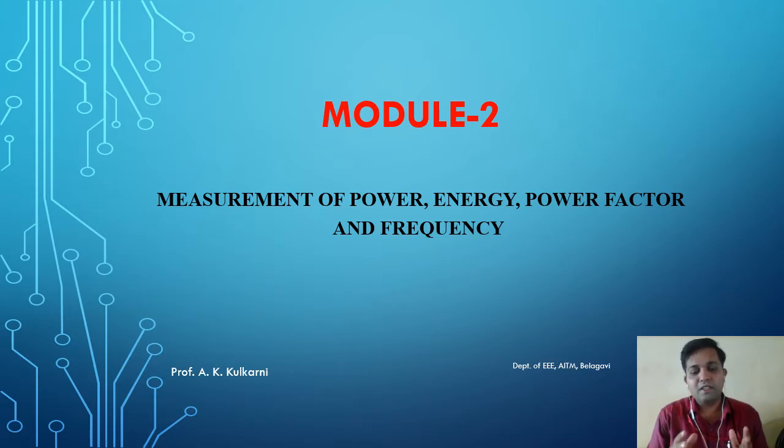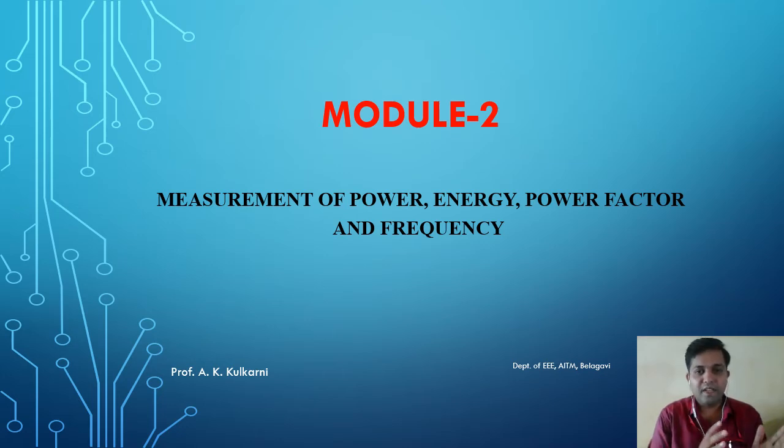As we already studied in our previous semester, there are various instruments to measure power. For example, the wattmeter is there to measure power, which is a combination of voltage and current. It is a product of voltage and current. If we have a voltmeter and an ammeter, with the help of these two meters we can also measure power.